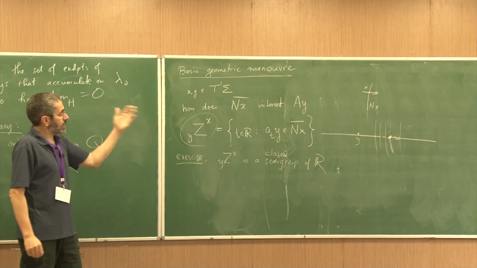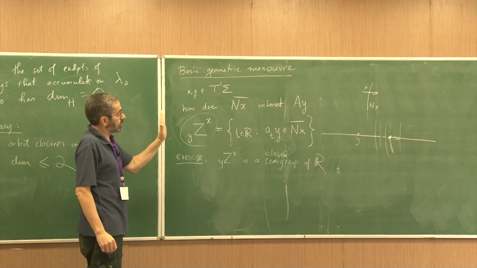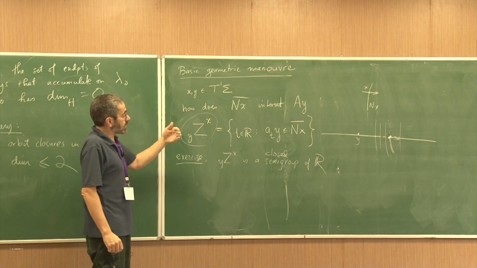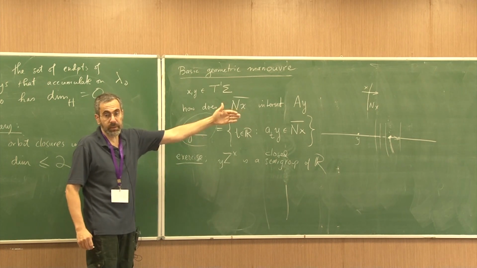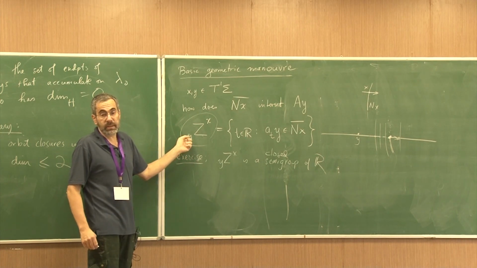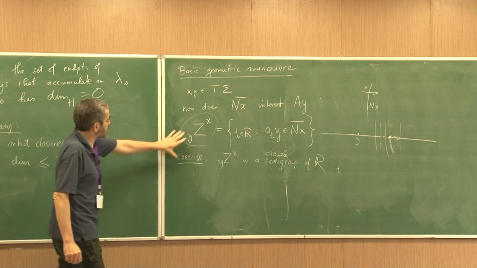It is either everything, this is the case where the thing is dense, or it's entirely positive. And when it's entirely positive, it'll either contain a ray, so at some point it'll just contain everything beyond a certain point, in which case it has dimension 1, or it'll be a countable set, in which case it has dimension 0. I'll state some version of this in a little bit. But it's this set we want to study.